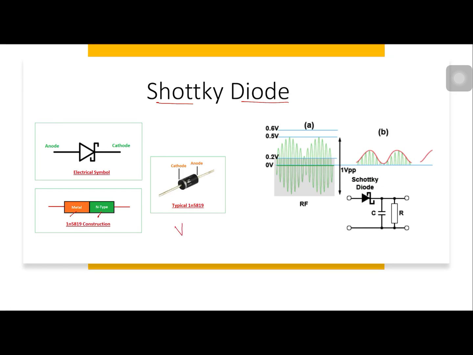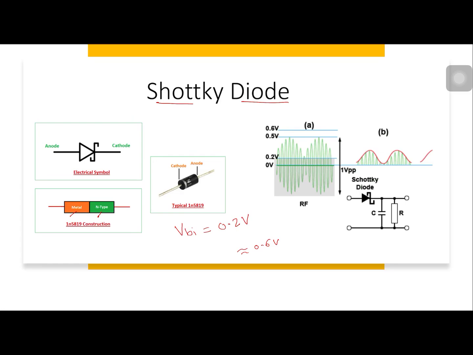Because of this arrangement, the built-in potential for a Schottky diode is around 0.2 volts. So it conducts after 0.2 volt, whereas for a normal PN junction diode this V_B is around 0.6 volt.